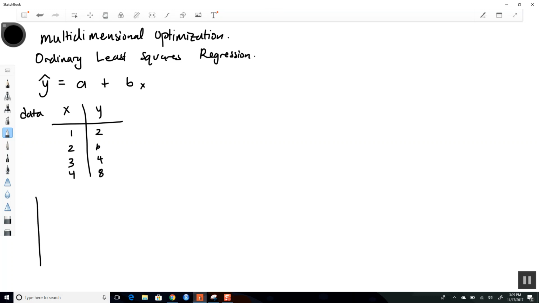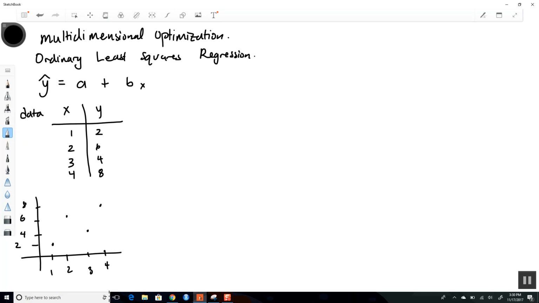Okay, so when I graph this, it looks like this. So this will be 1, 2, 3, and 4, and 2, 6.